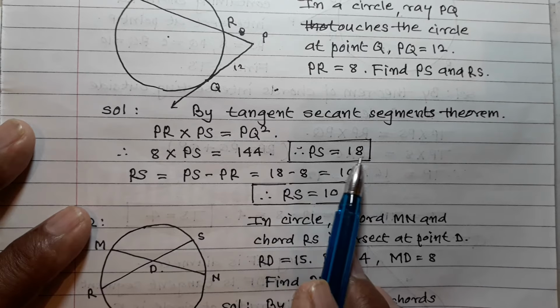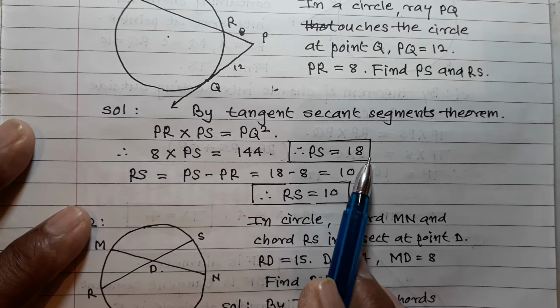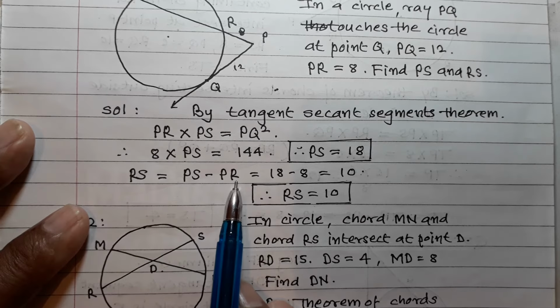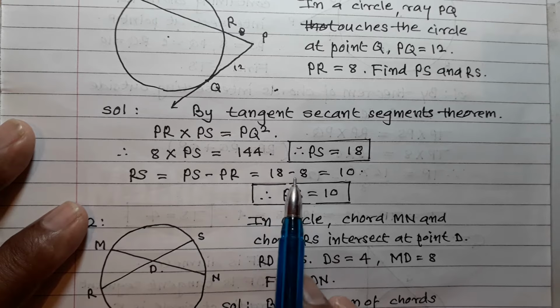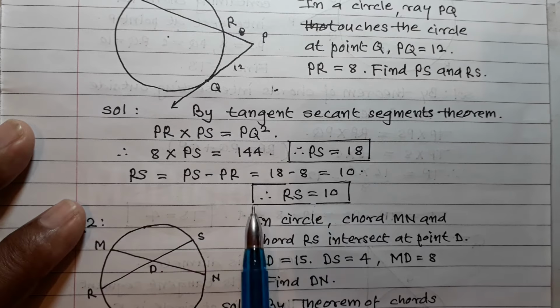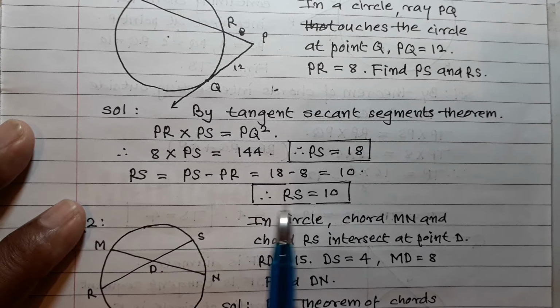So PS is equal to 18. Now RS is equal to PS minus PR. So RS is equal to 18 minus 8 is equal to 10, and therefore RS is equal to 10.